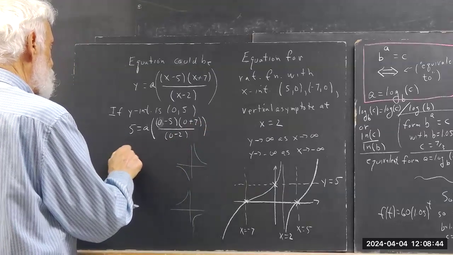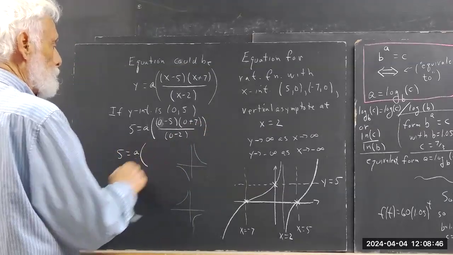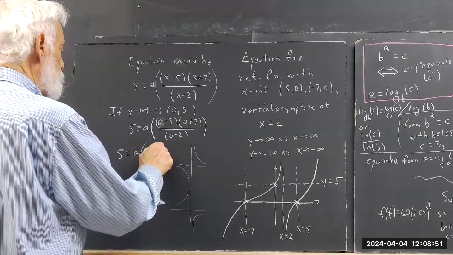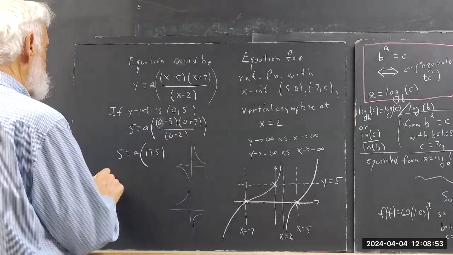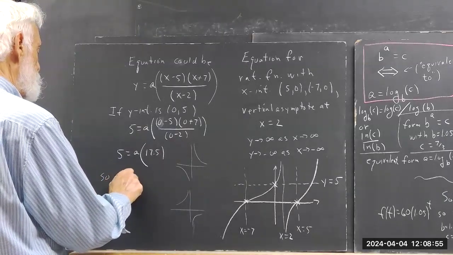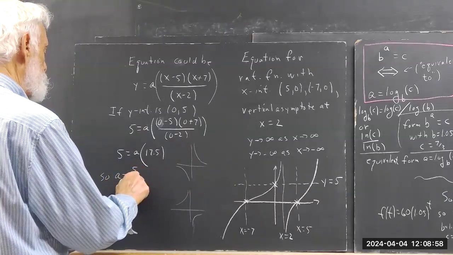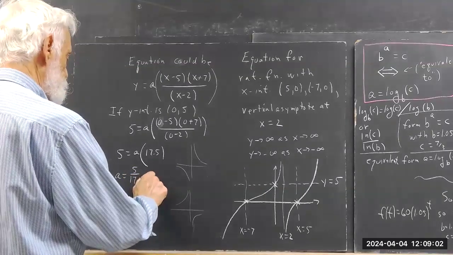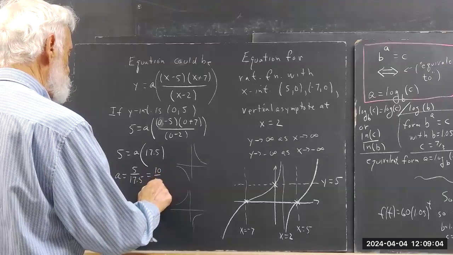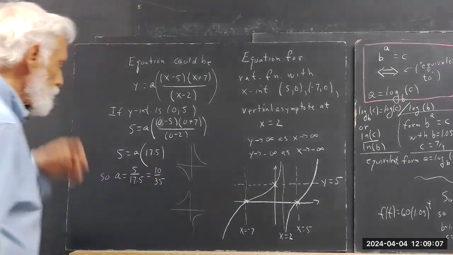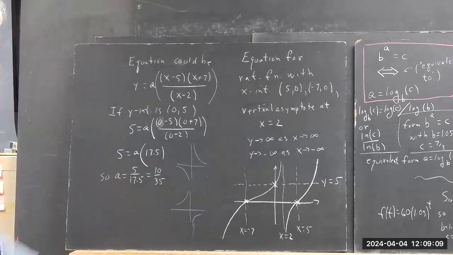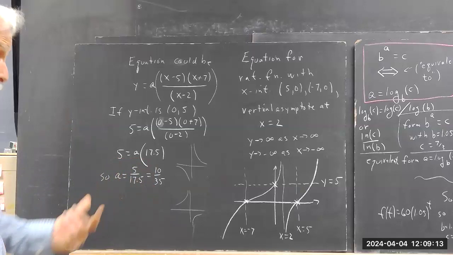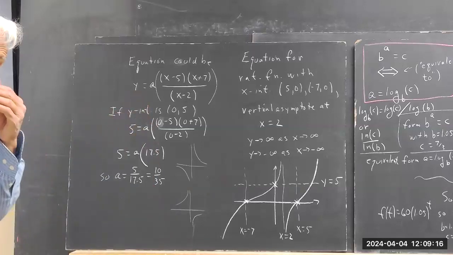So that 5 equals a multiplied by negative 35 over negative 2, which is 17.5. Now it just so happens that 5 over 17.5, I can multiply the numerator and denominator both by 2 and get 10 over 35. So we get a perfectly good fraction.